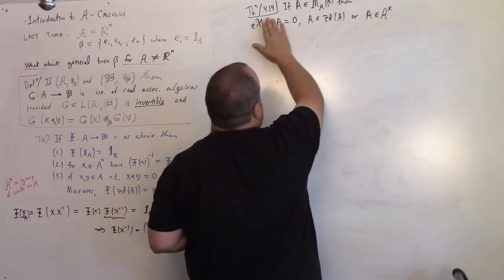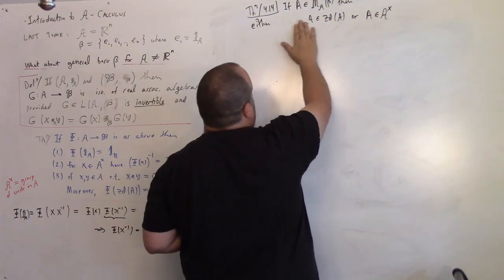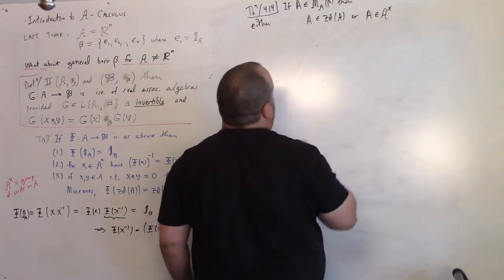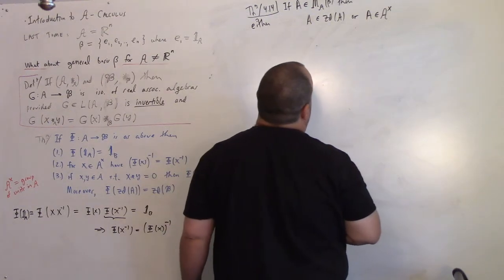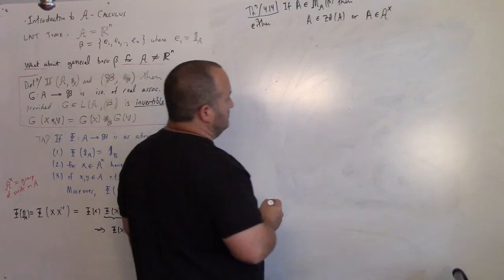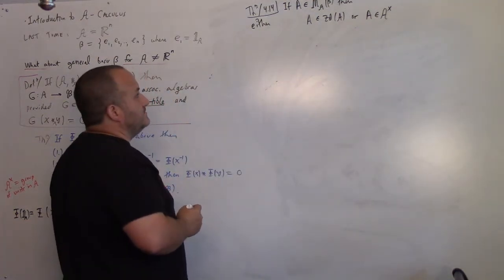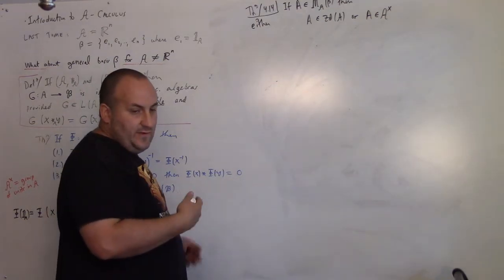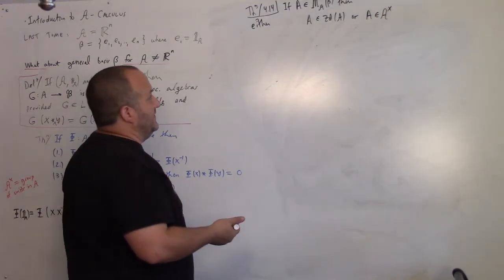I could just say either A is an element of ZDA, or A is in the group of units. So ZDA includes 0 as well as zero divisors.